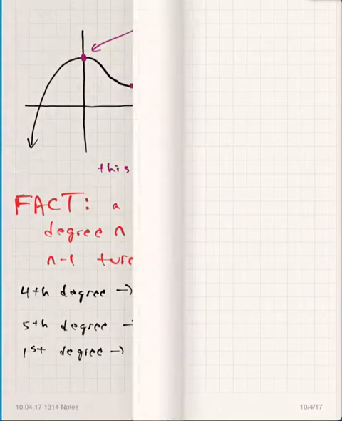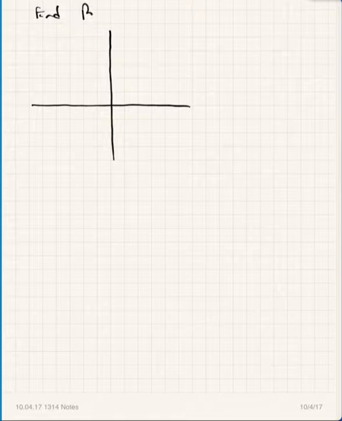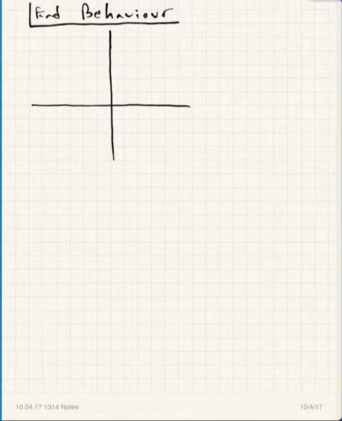All right, and then the next thing we want to talk about is what we call the end behavior for a polynomial function. So the end behavior is something that we will want to know for a polynomial function.